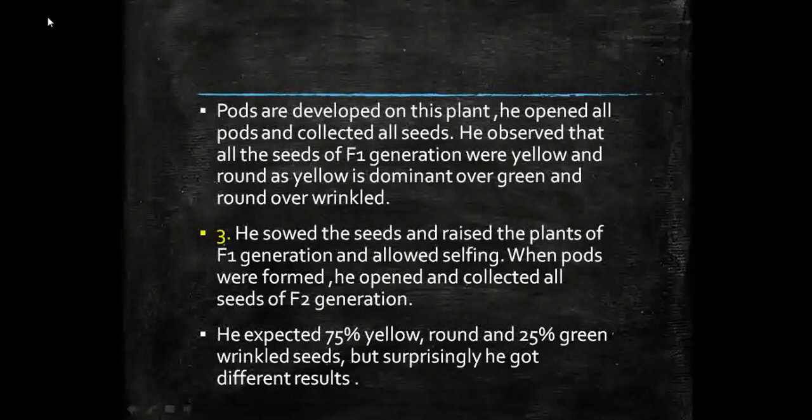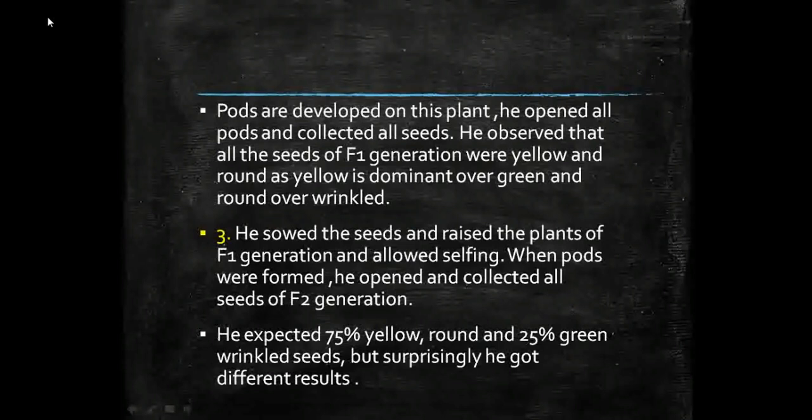After selfing these plants in the F2 generation, he observed the shape and structure of the seeds, and he got very different results than the previous one, that is the monohybrid cross.